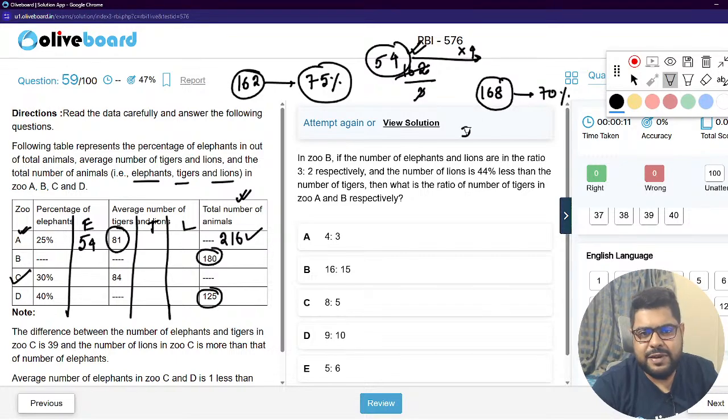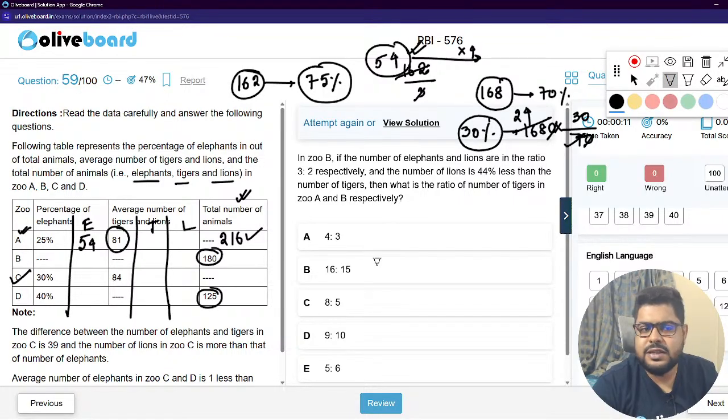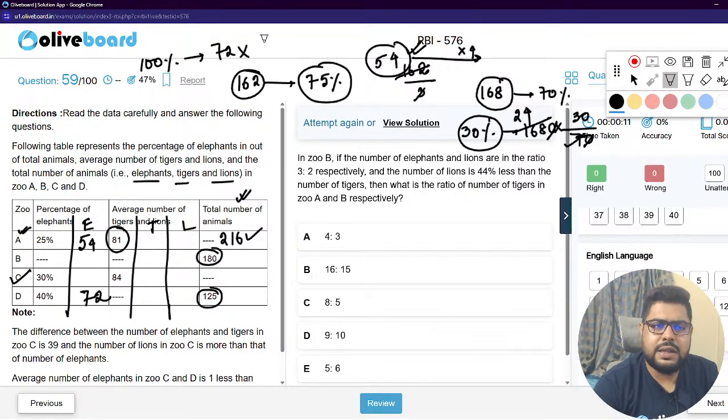So 30% will be how much? 168 into 30 by 70. 7 twos are 14, 7 fours are this. So this came to 72. And 100% will be what? 72 represents 30, into 100. So just calculate this, 0 0 gone, 324, 240, sir.